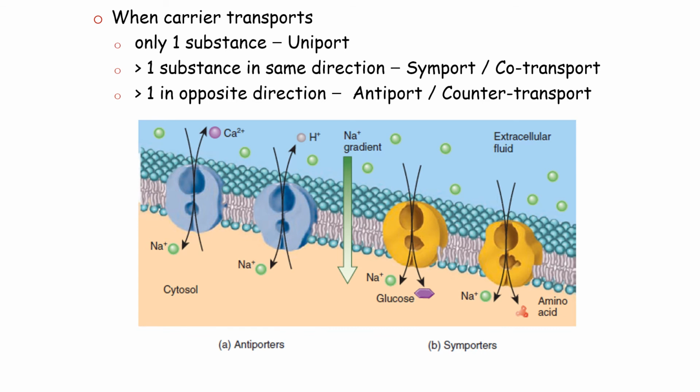Here you can see the carrier proteins which are blue in color are acting as antiporters for sodium and calcium, the sodium-calcium exchanger, or sodium and hydrogen. You can see the direction of both the ions is in opposite directions. So we have three main types of carrier protein transporters.